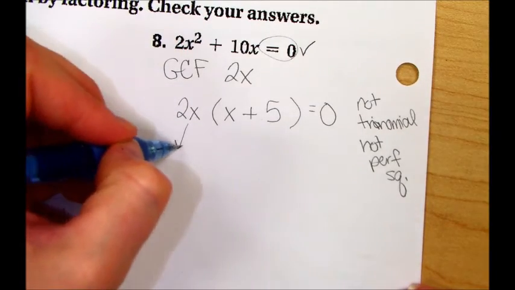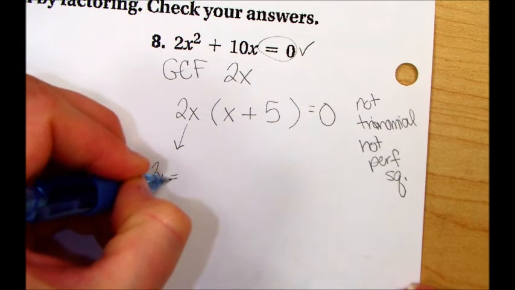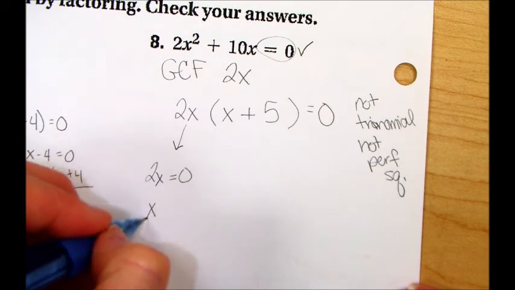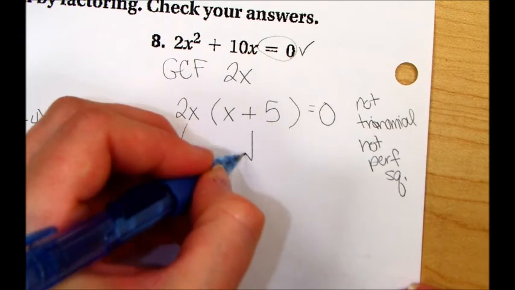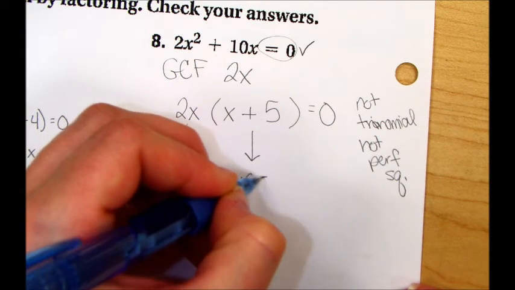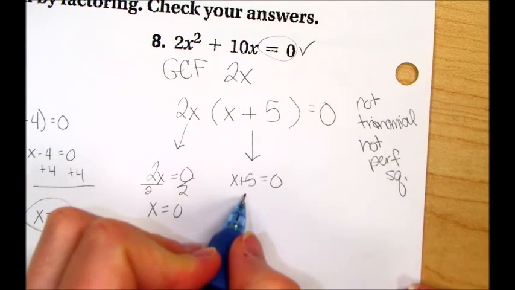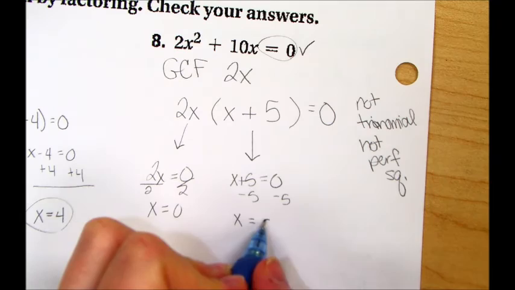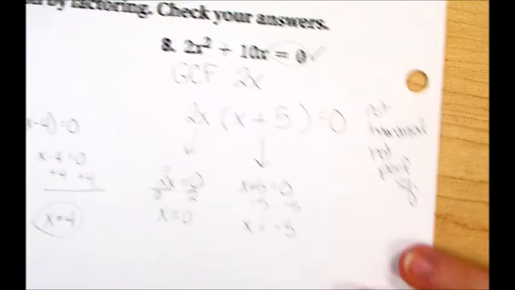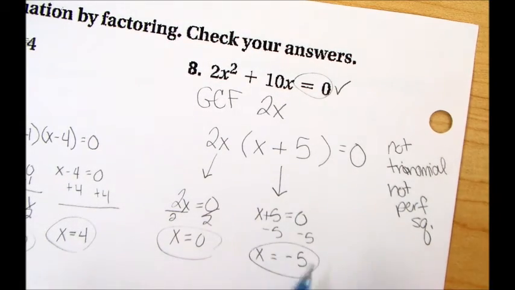This one was nice and easy. Set this equal to 0, divide by 2, and set this equal to 0. Minus 5. So you get x equals -5. Your two answers are 0 and -5.